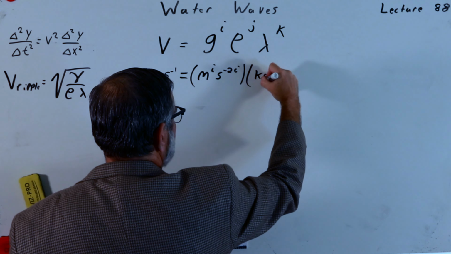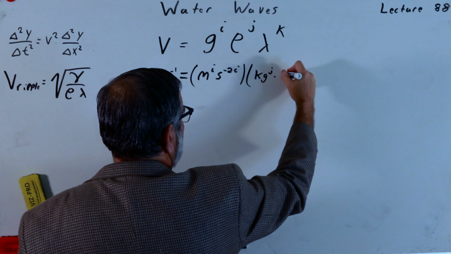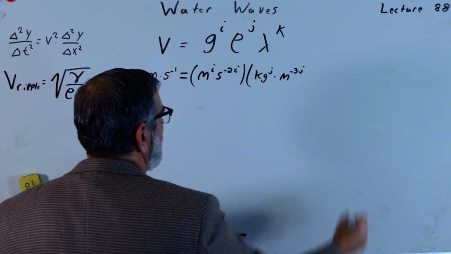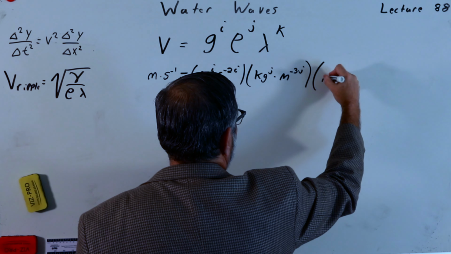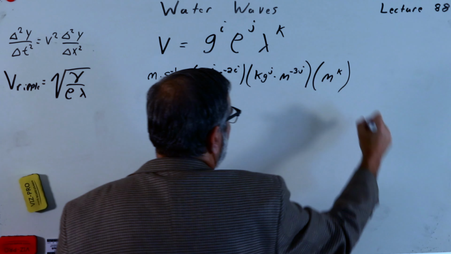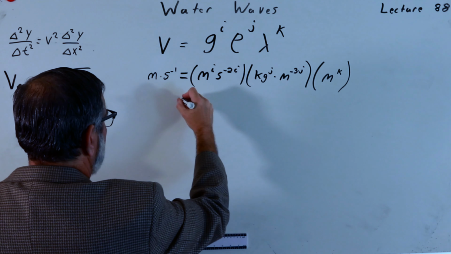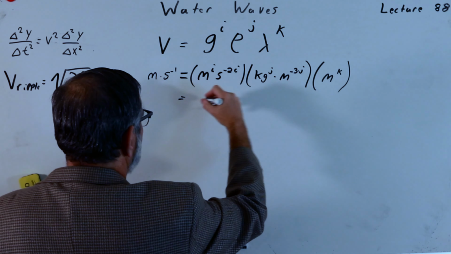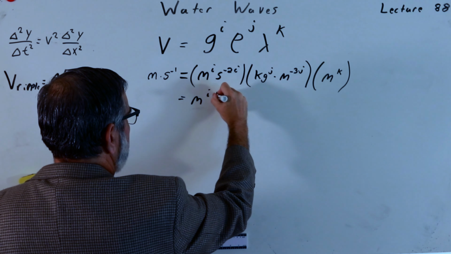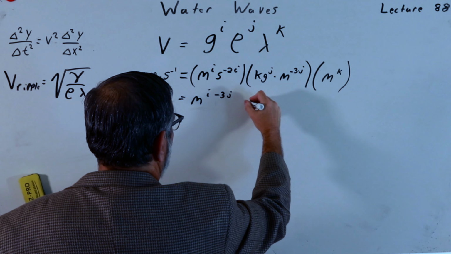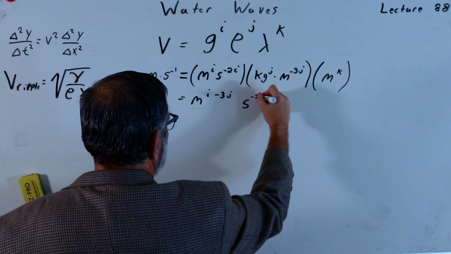So that's kilograms to the J times meters to the minus 3J. And then wavelength is meters to the K. Okay? So now we just move everything together. That gives me meters to the I minus 3J, seconds to the minus 2I.